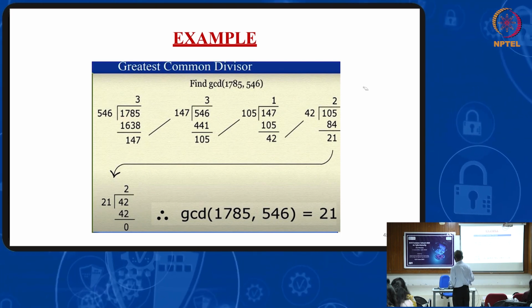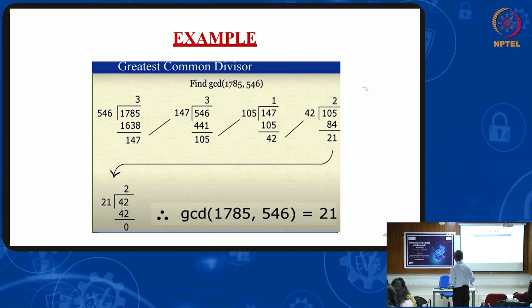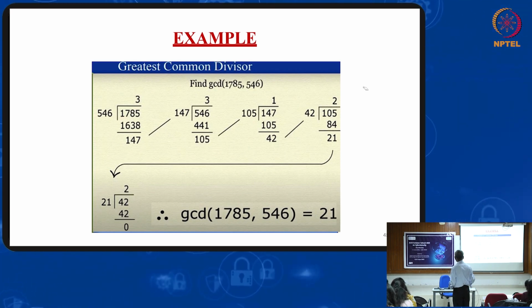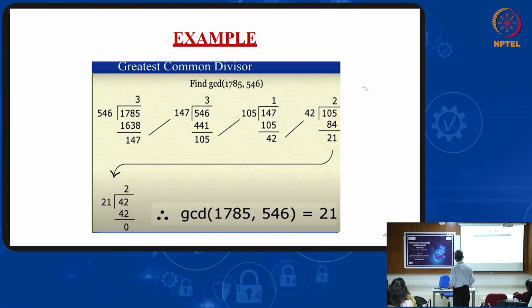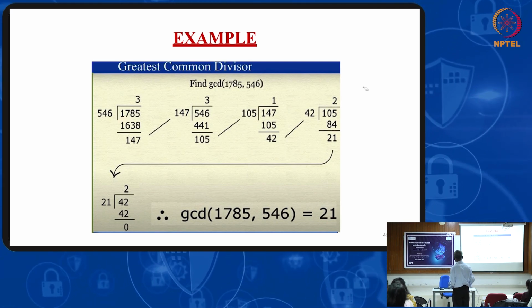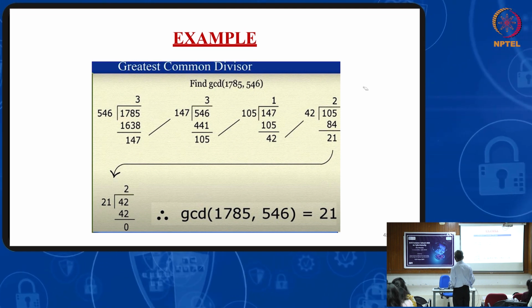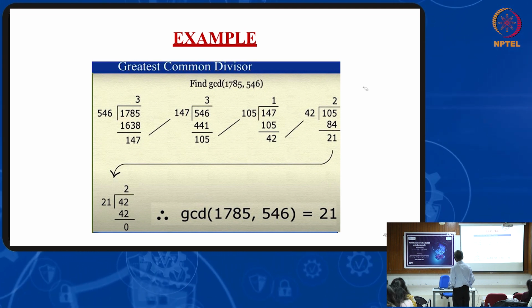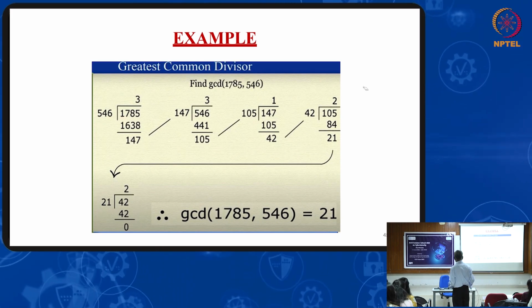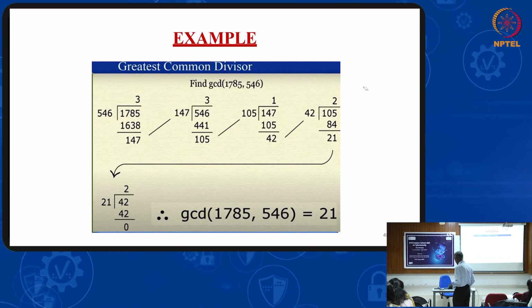This remainder becomes a divisor, and so on. And the divisor becomes the dividend each time.